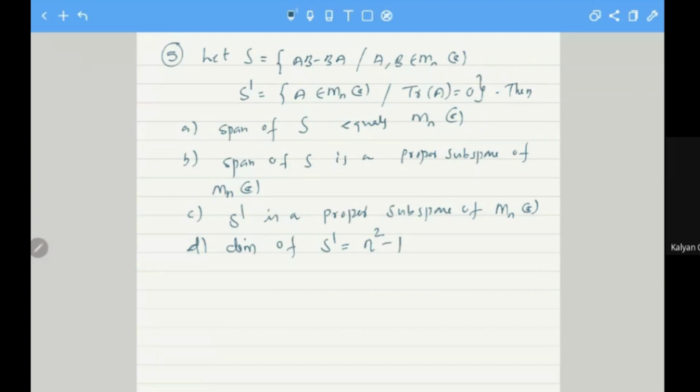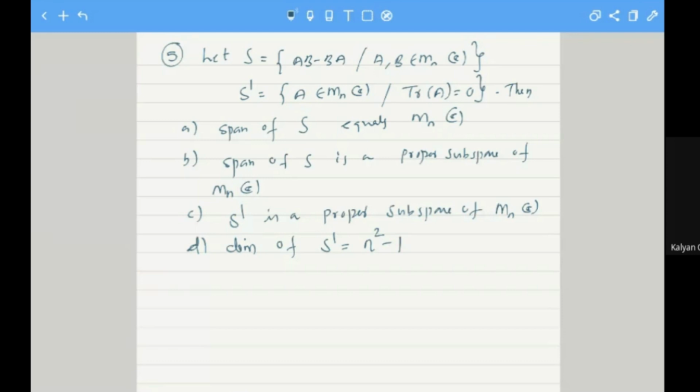So the question is, they have given two sets, S and S prime. S is defined as the set of all AB minus BA, where A and B vary over M_n(C). And S prime is nothing but the set of all A in M_n(C) such that the trace of that matrix is 0. Then the question is, which of the following are true?